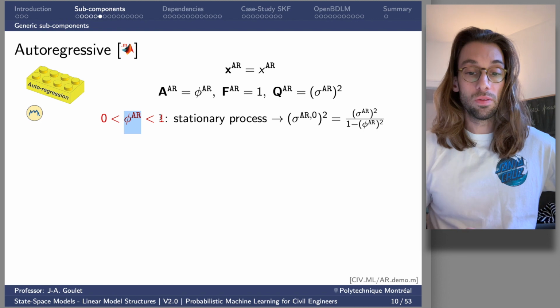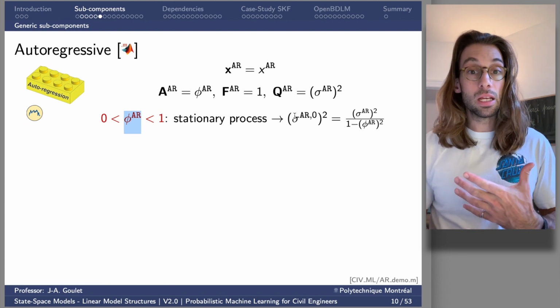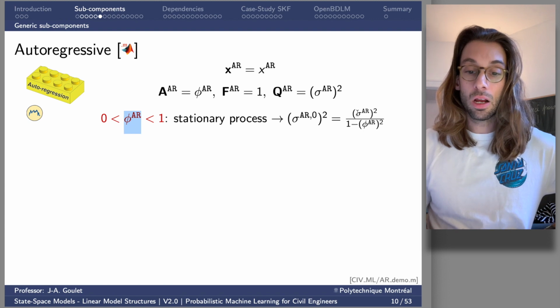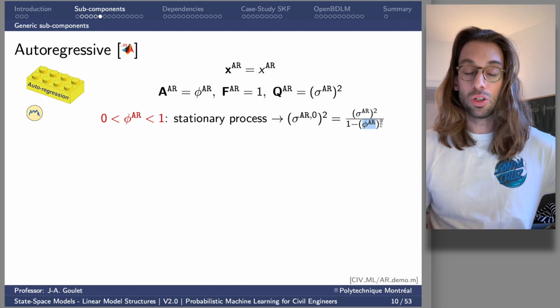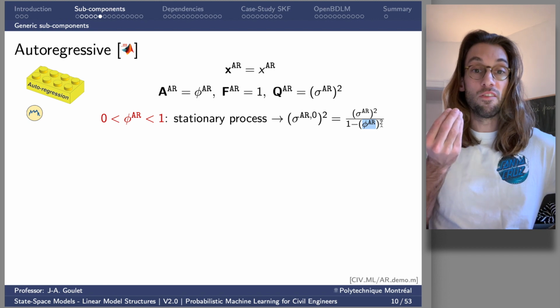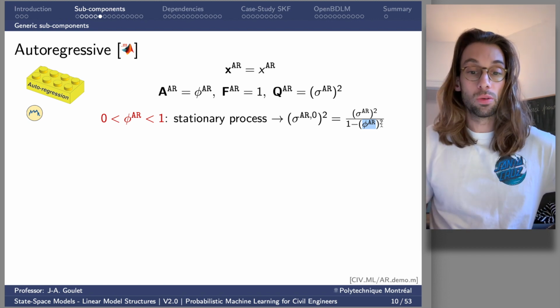And the stationary variance it leads to is defined by that autoregressive variance divided by 1 minus that autoregressive coefficient squared, okay? That is what describes the stationary variance of my autoregressive process.